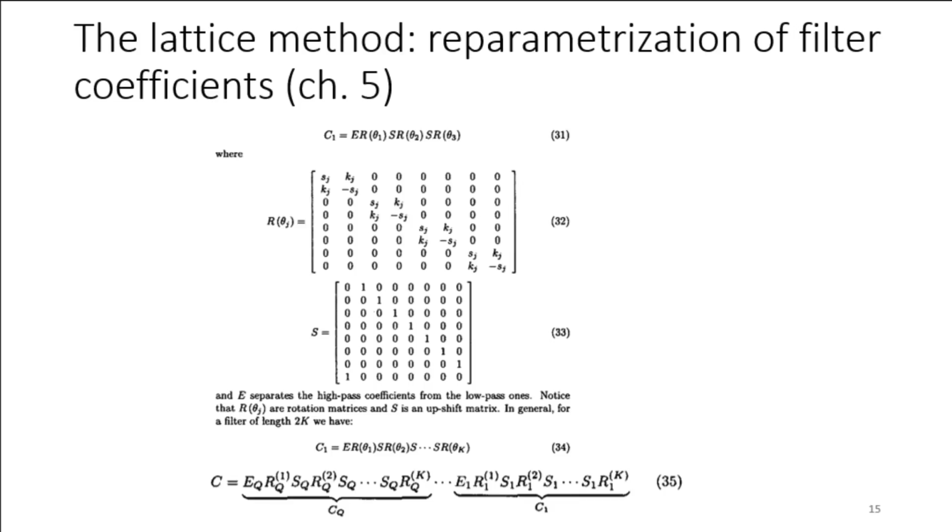This is the parameter that we want to optimize, so that the total representation is basically this large multiplication of all these matrices.